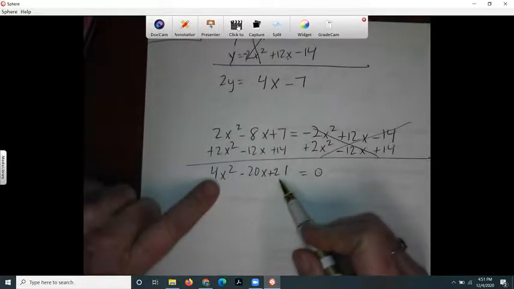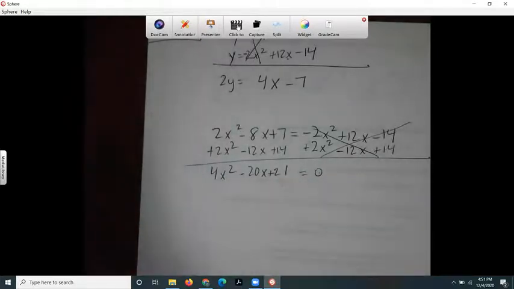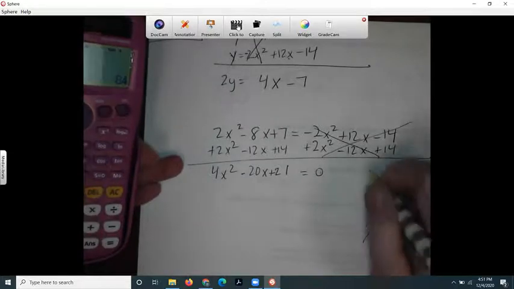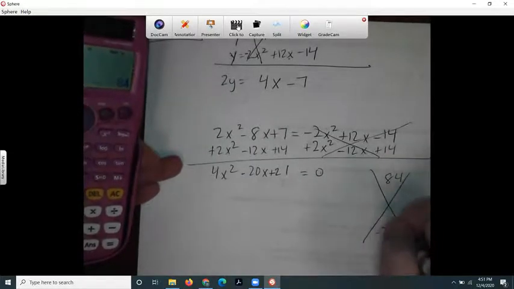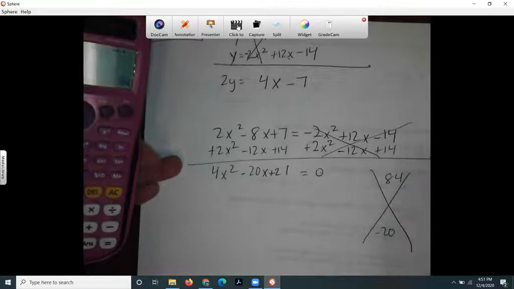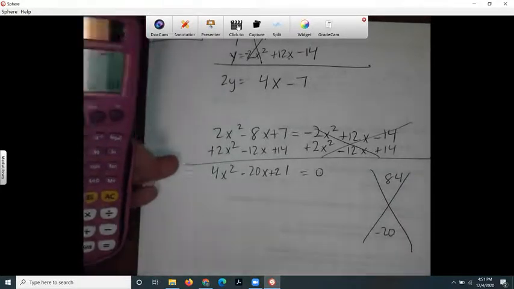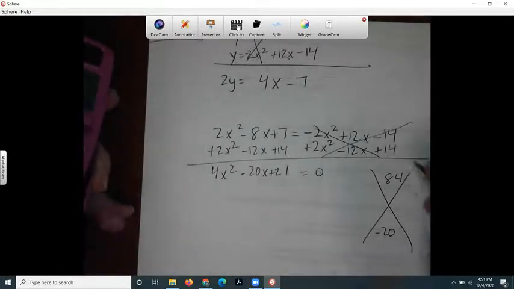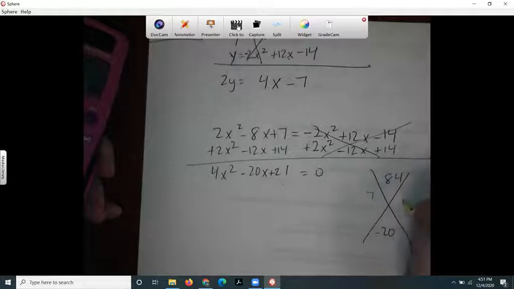I could find out what 4 times 21 is. 4 times 21 is 84. It's going to be kind of hard to guess these numbers at negative 20. So I can think of numbers like 7 times 12.